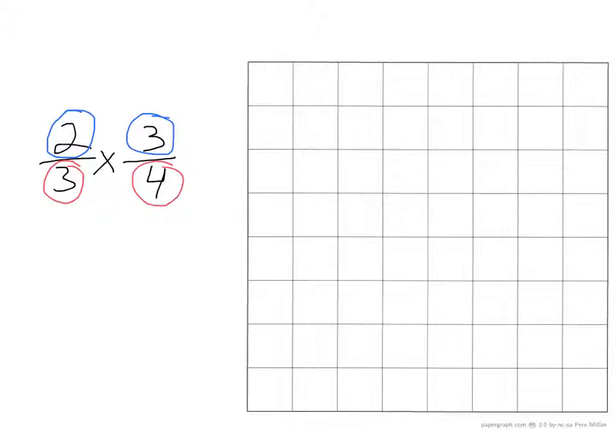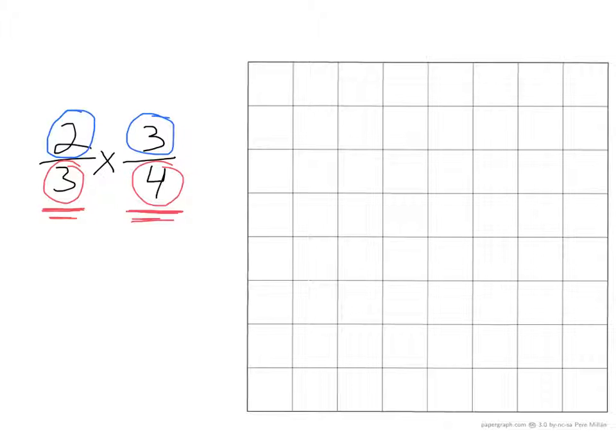So when we look at, for example, 2/3, what we mean is that there are 3 whole parts, but we're only interested in 2 of those 3 parts. And when we look at 3/4, there are 4 equal parts in total, but we're only interested in 3 of them. So when we go to draw our array, the first thing we have to do is draw the entire array that represents all of it, which would be a 3x4 array.